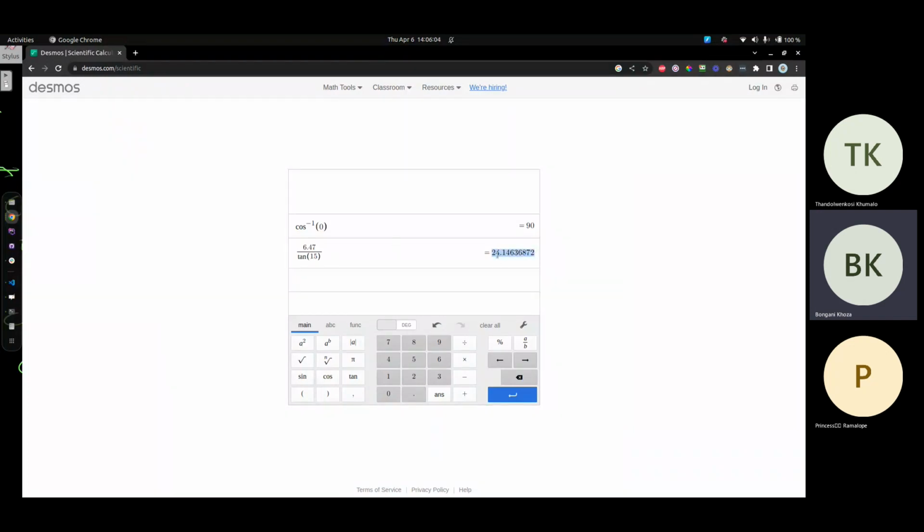So you can see we are already 2 degrees off the answer before, which was 26, because we used the rounded-off number. So from 7 we go to 26, which is greater than the hypotenuse. We cannot have that.